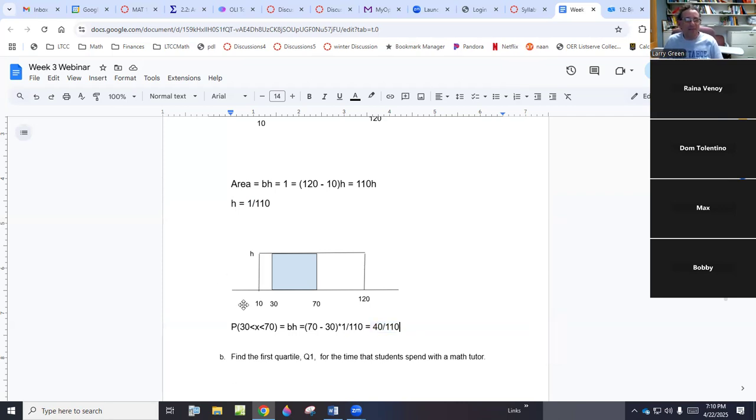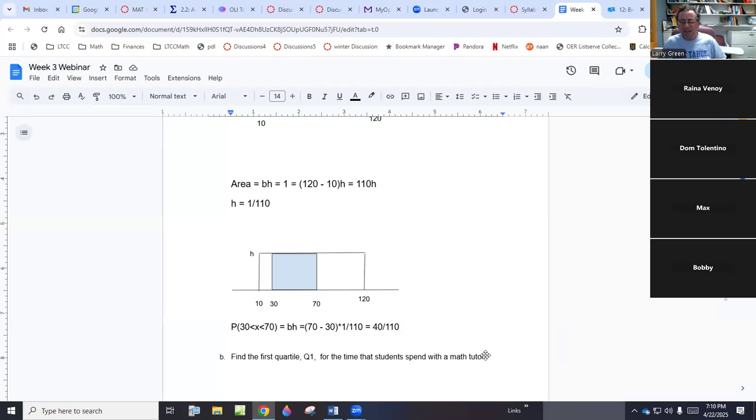Okay, so the next question is find the first quartile, Q1, for the time that students spend with a math tutor. Who remembers what Q1 means? What does it even mean to say Q1 or first quartile?